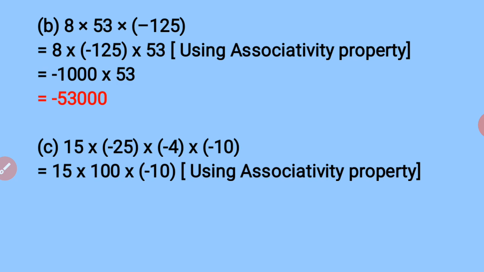These three numbers are to be multiplied. So it will give you 15. And how many zeros? In all there are 3 zeros. So put 3 zeros. And there is one negative sign. Odd number of negatives always gives you a negative answer. So the answer is a negative 15,000. Isn't it very easy to solve the given problem by using the properties? That is why we always study about properties and we use them also.